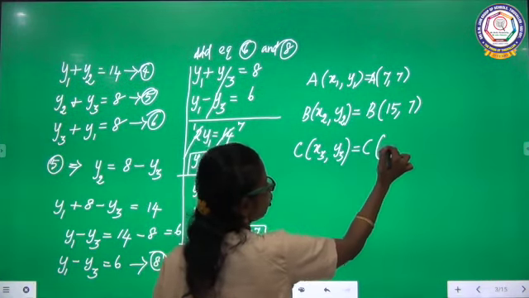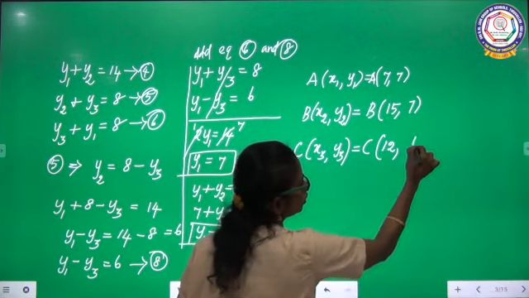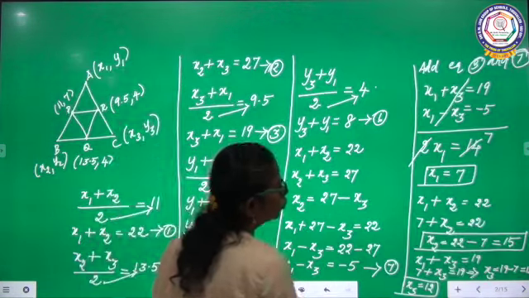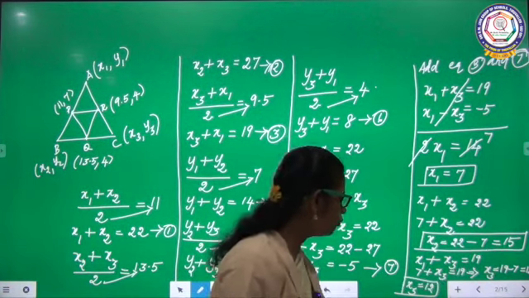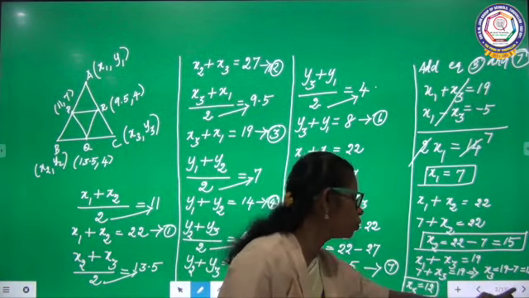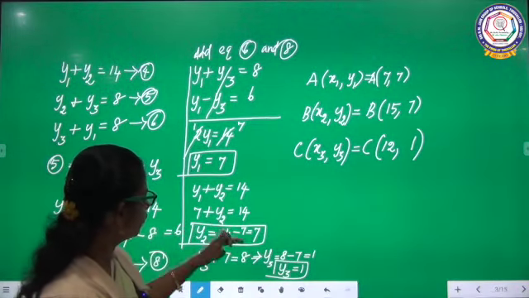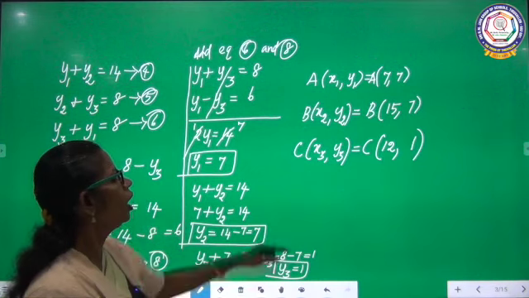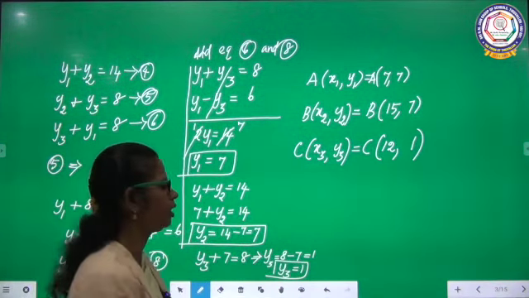What is x3? We got 12, comma 1. Again I will show you. x1 equal to 7, x2 equal to 15, x3 equal to 12. So 7, 15, 12. Here 7, 7, 1. That's all. Now we want to find the area of a triangle ABC.